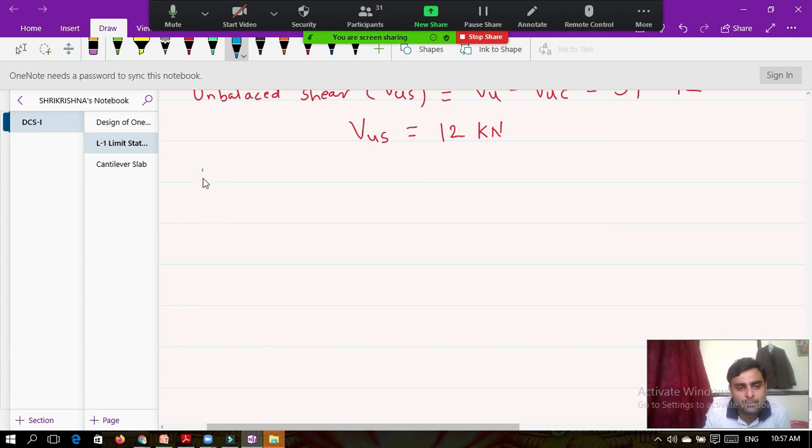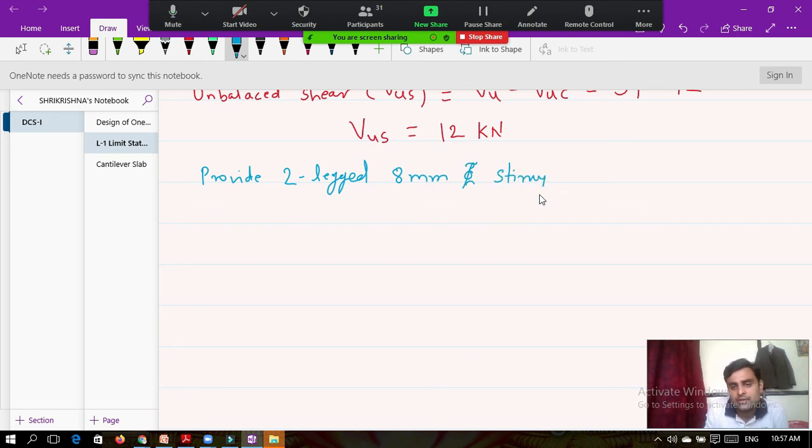I will write here: provide two-legged, 8 mm diameter stirrups. Stirrups means rings. तुम्ही ज्या कॉलम्स आणि बीम मध्ये बघता रिंग ज्या बारच्या बाजूला टाकलेल्या असतात, that is nothing but the stirrups. So a two-legged stirrup we are going to provide.